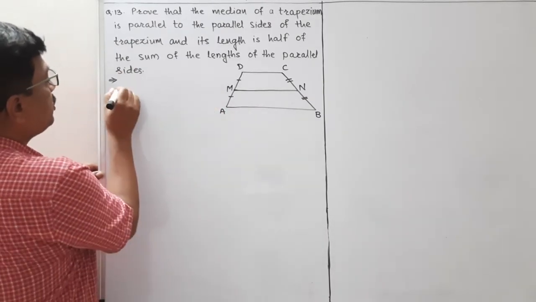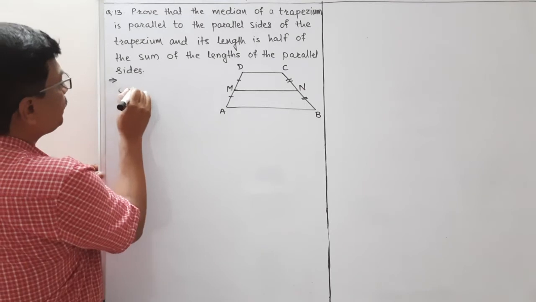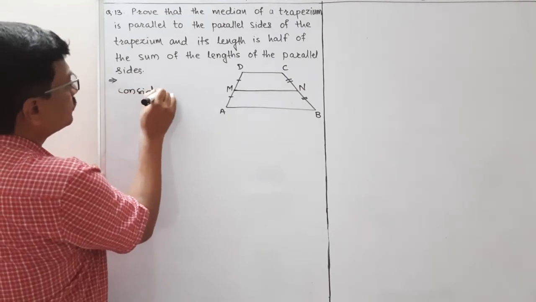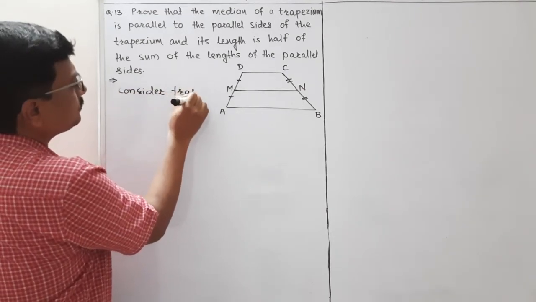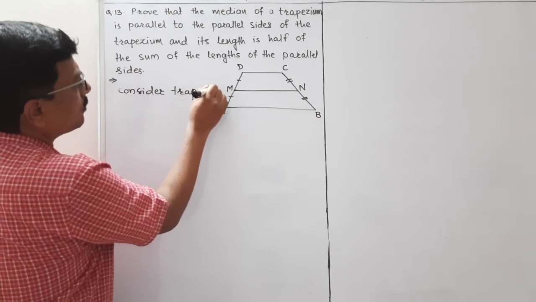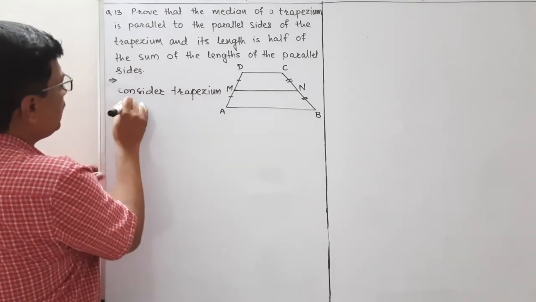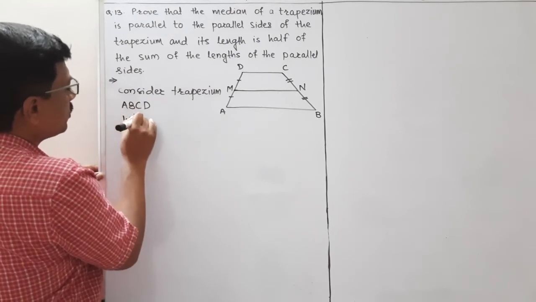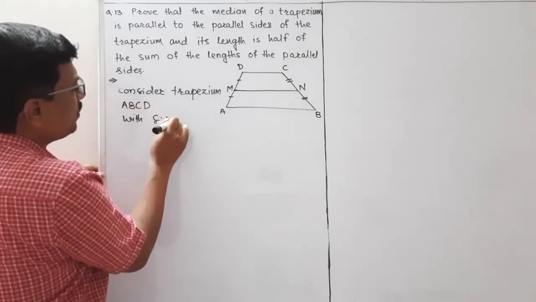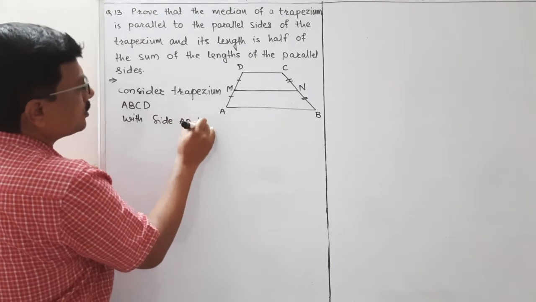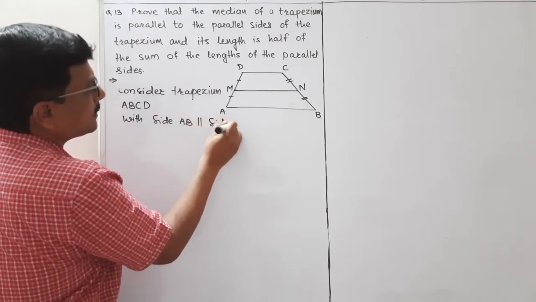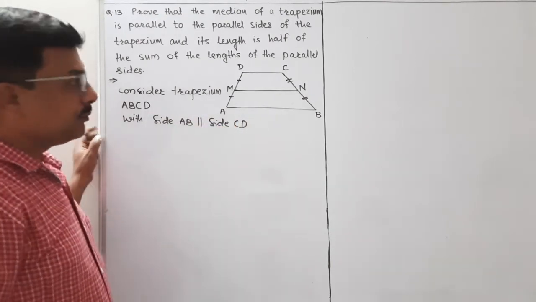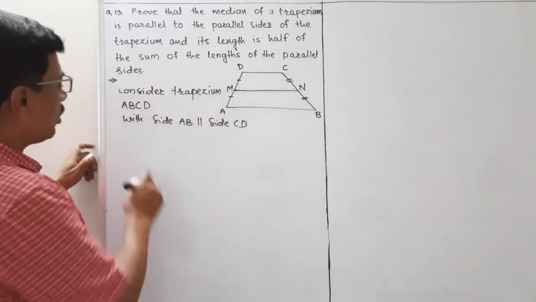Here, consider trapezium ABCD with side AB is parallel to side CD. Means AD and BC are the non-parallel side.